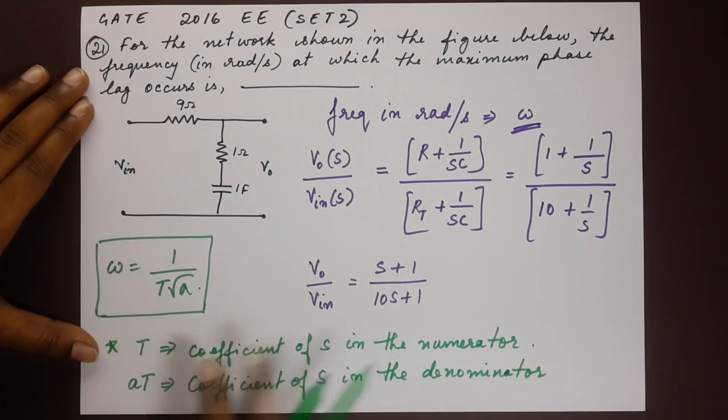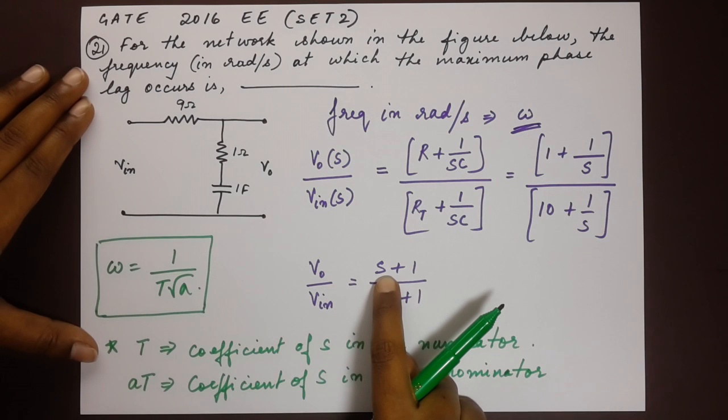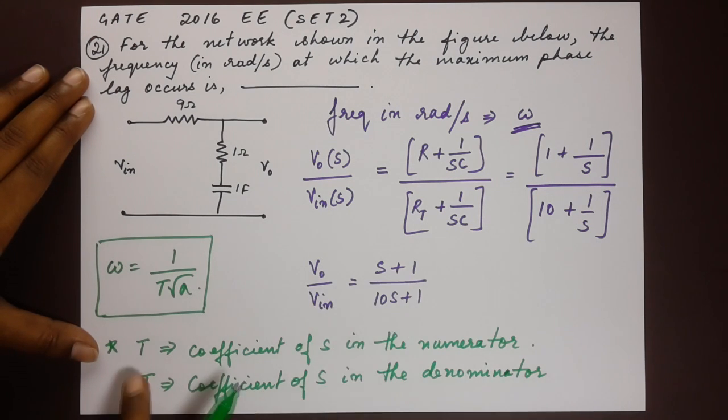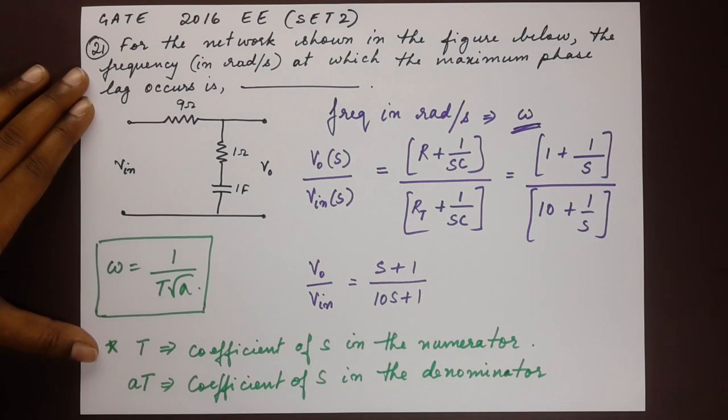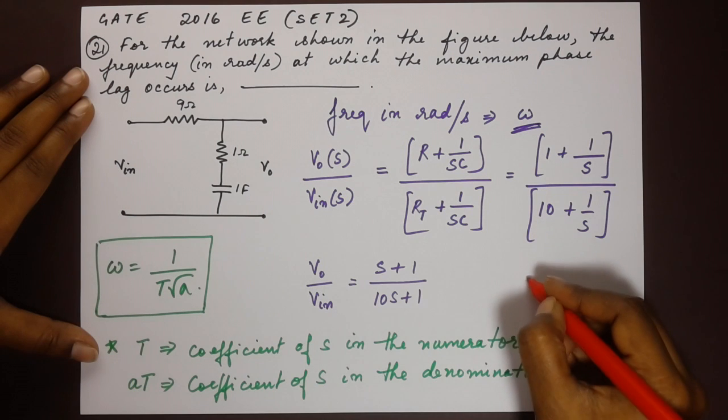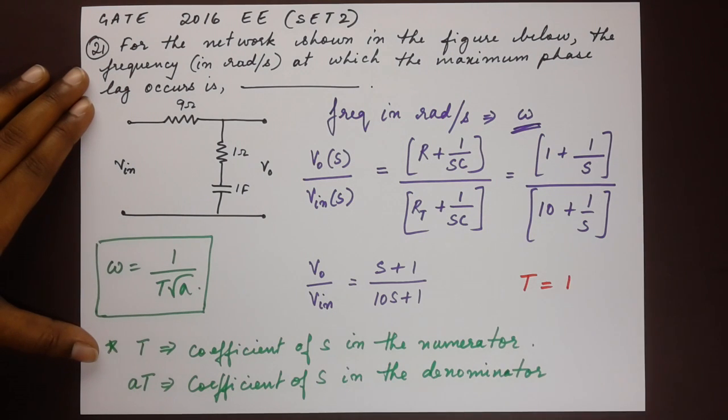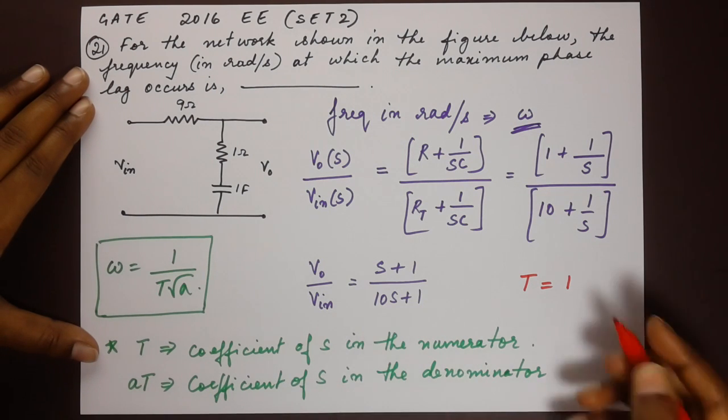So if we are to look at the numerator over here corresponding to the output, okay, so T is the coefficient of S. So we see that the coefficient of S is 1. So from here we get that T is equal to 1, and AT corresponds to the coefficient of S in the denominator. So AT is equal to 10.